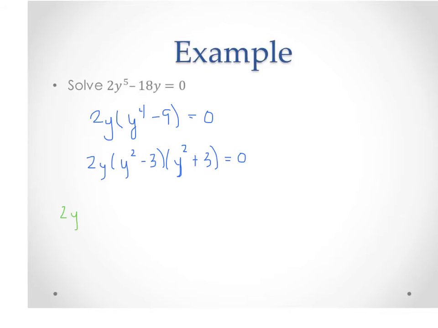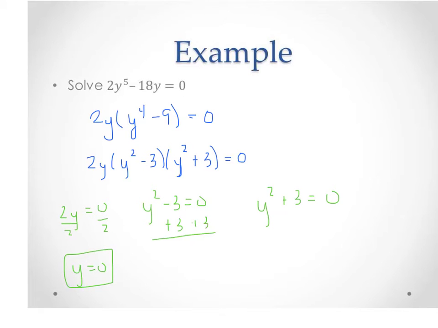So you're going to set 2y equal to 0, y squared minus 3 equal to 0, and y squared plus 3 equal to 0. So if we divide by 2, we get y equals 0. If we add 3 to both sides, we get y squared equals 3. Remember, what do you put when you square root? A plus or minus.